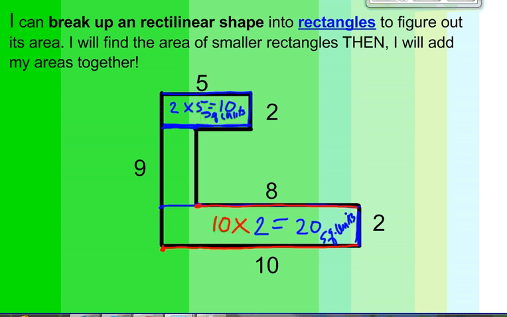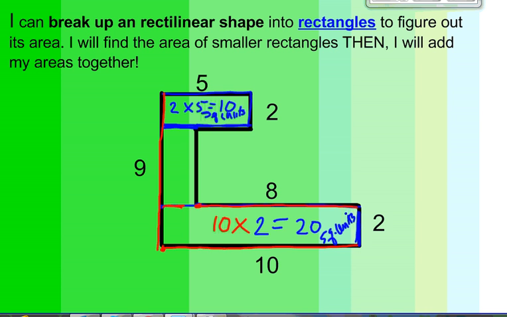So I didn't need the width here to calculate the area of that rectangle, but I still have one more rectangle left, and I'm going to need to find some missing sides. All right, so I'm going to use what I have here with my other rectangles. I know that this whole side right here is 9.